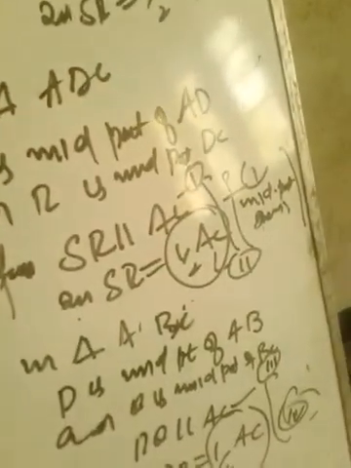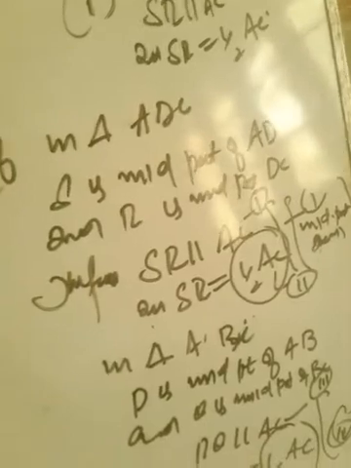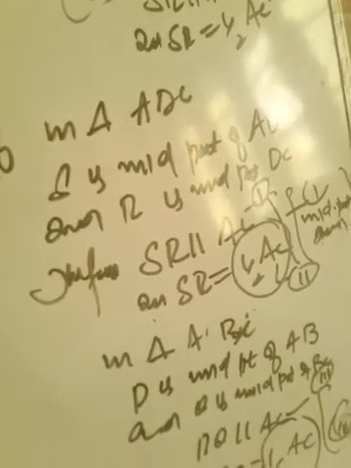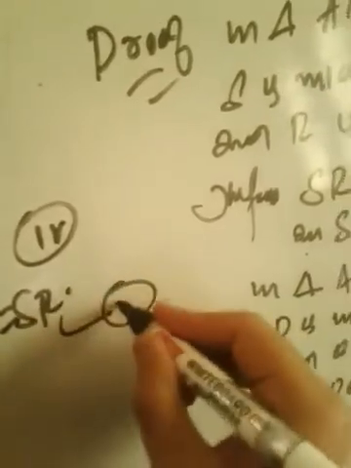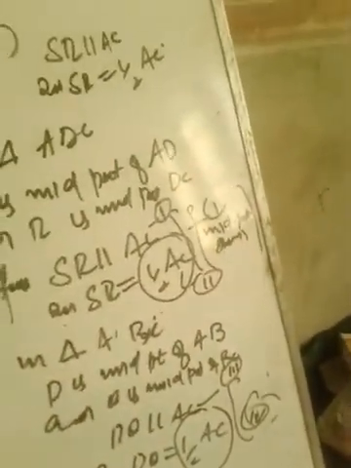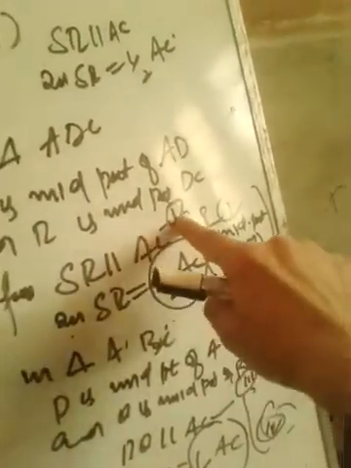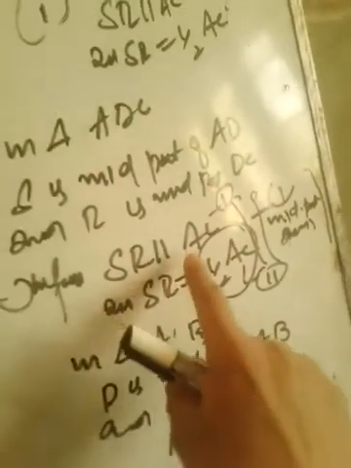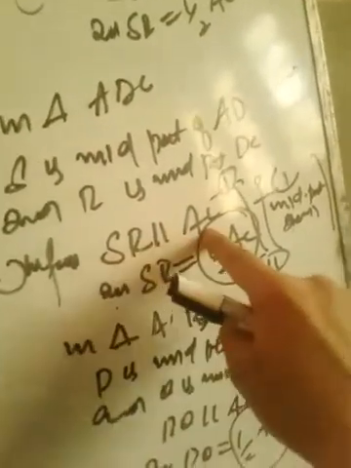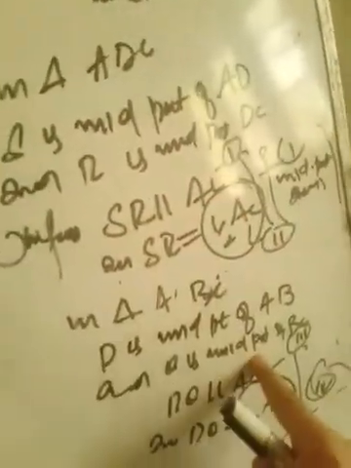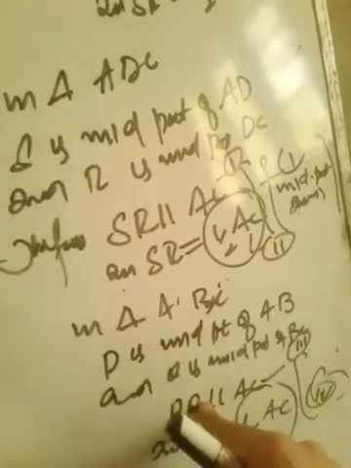Now we have to show that PQRS is a parallelogram. What is a parallelogram? You know it. A quadrilateral having one pair of opposite sides parallel and equal is a parallelogram. Name this fifth. Now we have to prove PQ parallel SR. From first and third, SR is parallel to AC and PQ is parallel to AC. Why?